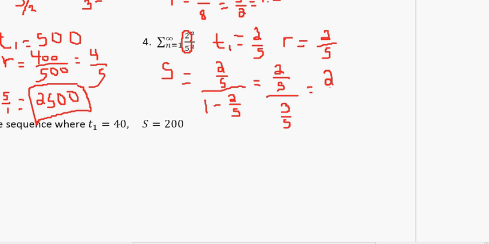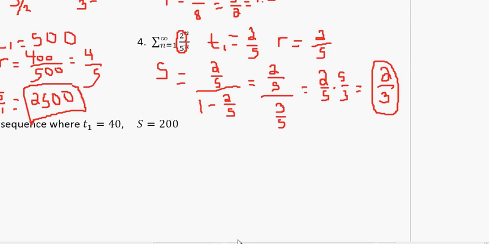And then, of course, instead of dividing, we multiply by the reciprocal. So that becomes 2/5 times 5 over 3, which is 2/3. So those sums are approaching 2/3. Okay.